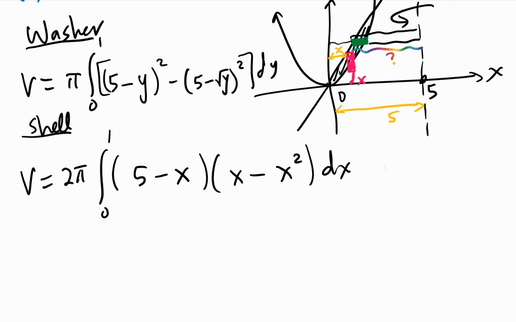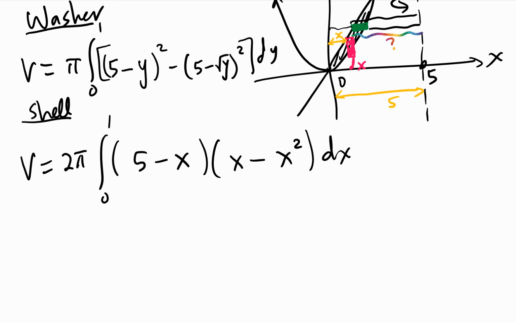Now, we can move on to one other example, a different example. Say the region bounded by y equals x squared and x equals y squared.